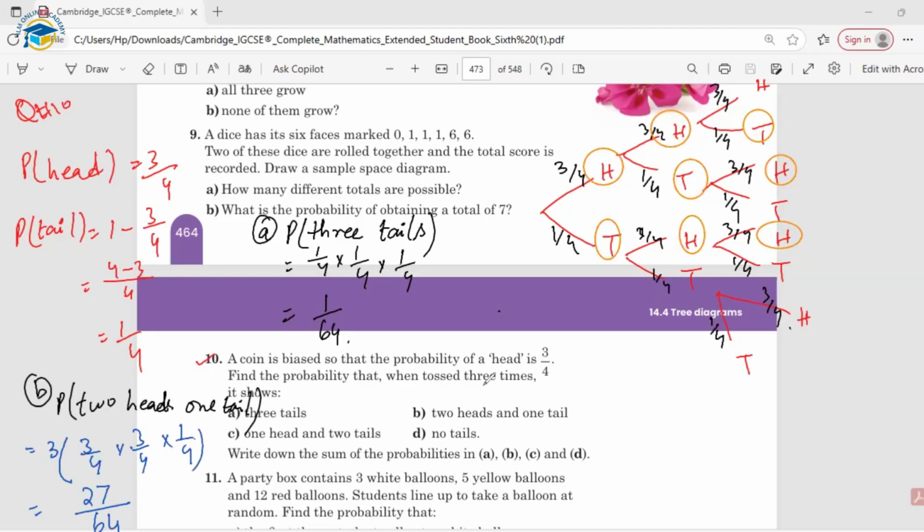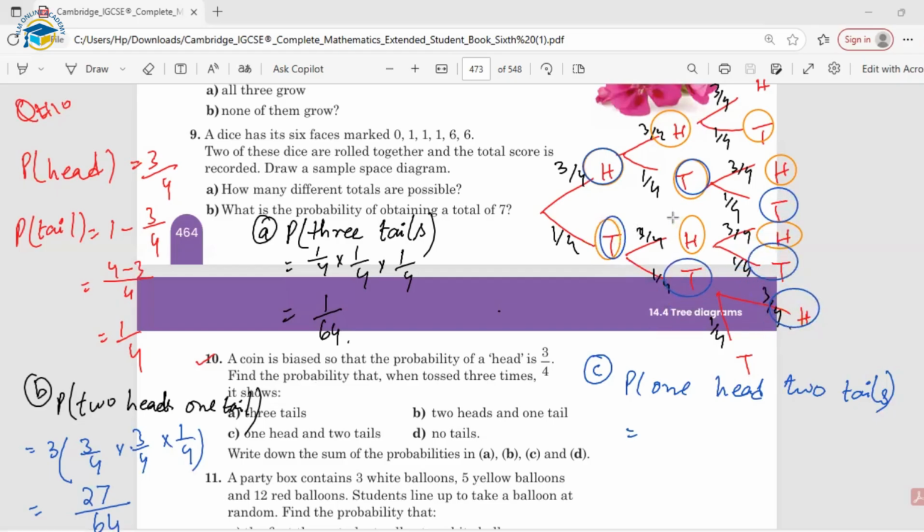Okay. Next, part number C. Part number C is basically the probability of getting 1 head and 2 tails. 2 tails, 1 head.